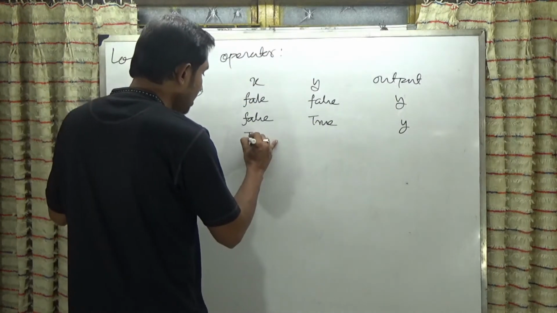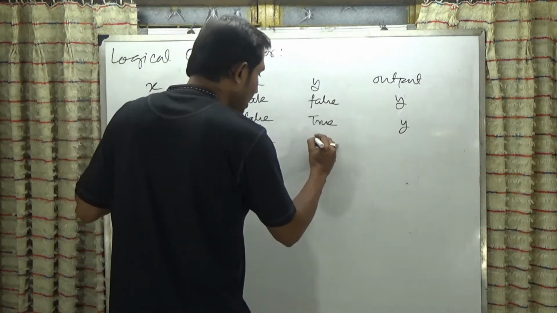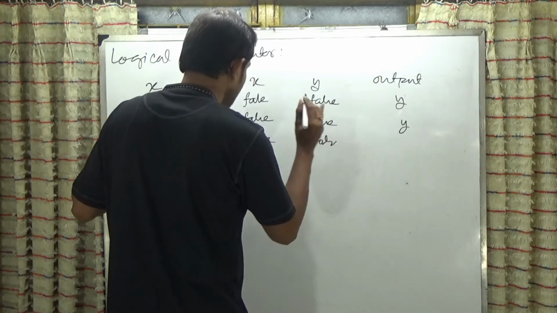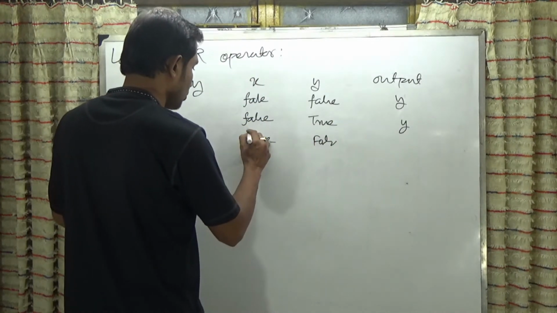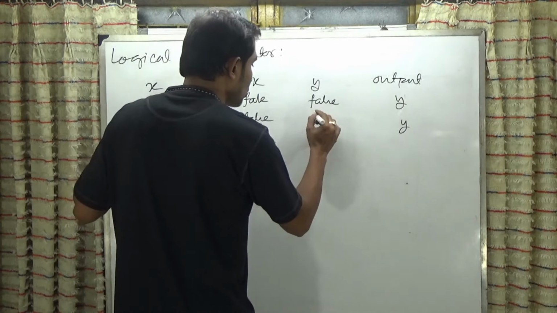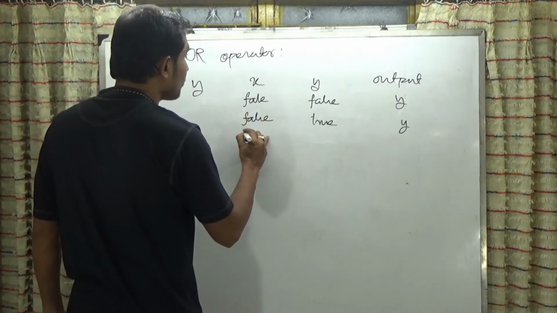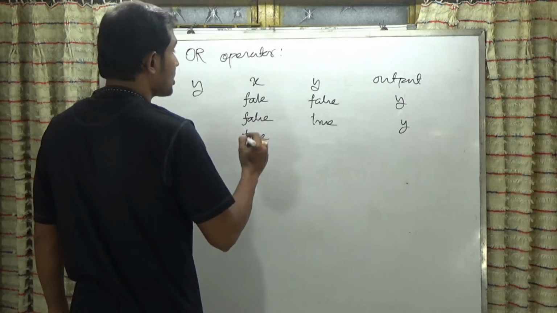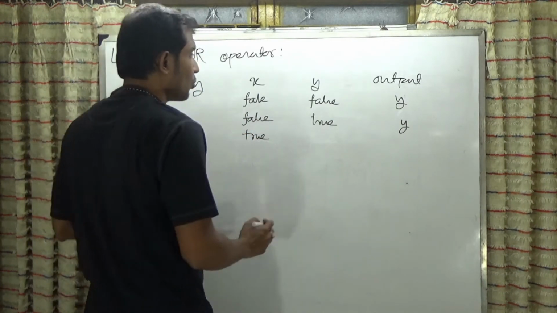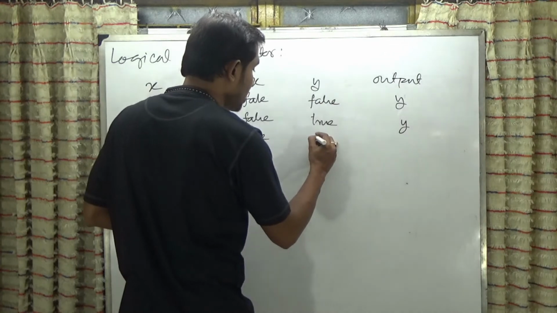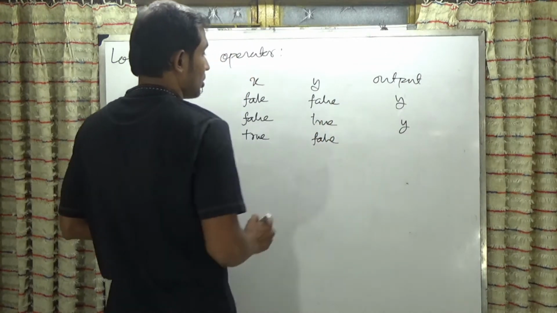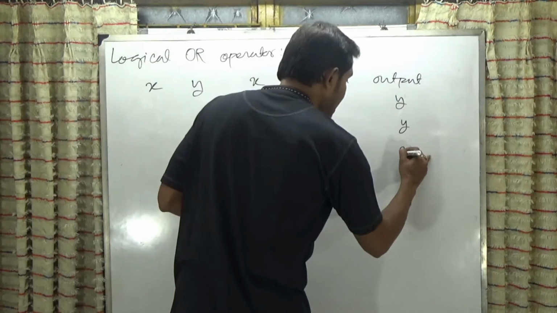Now if the truth value of x is true and the truth value of y is false, then the output is x.